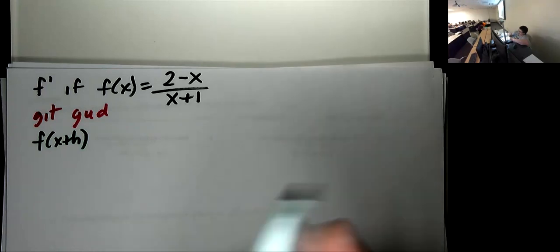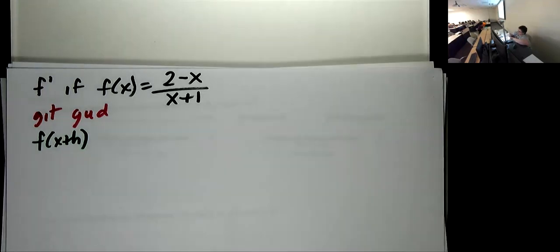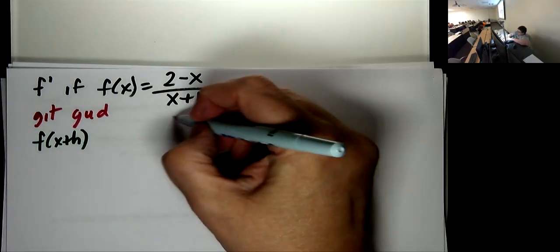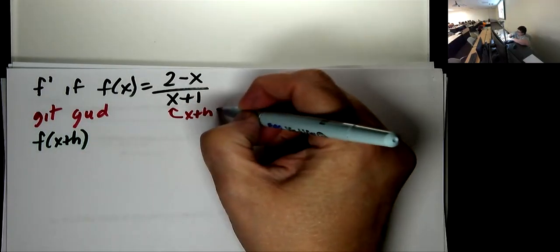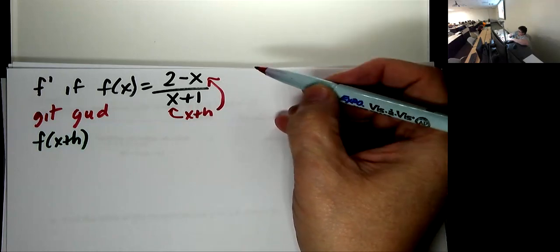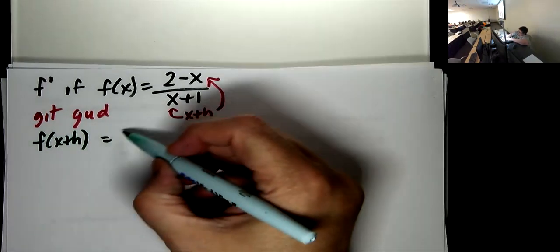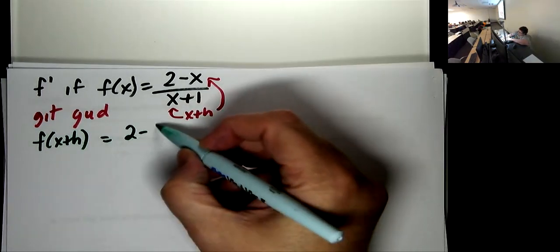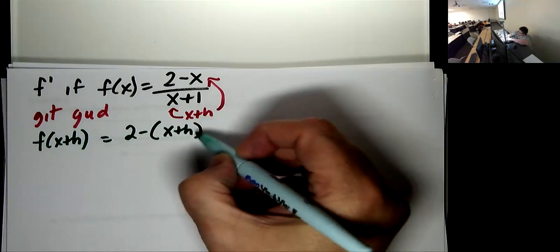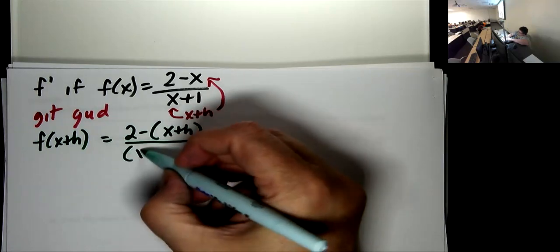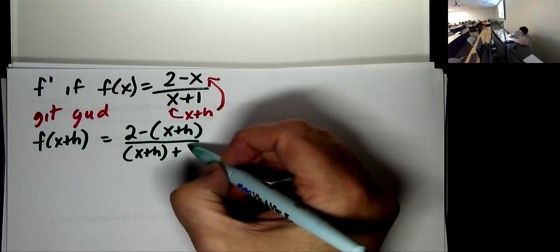I need to plug in x plus h everywhere I see x. So this is going to look like 2 minus x plus h over x plus h plus 1, like that.